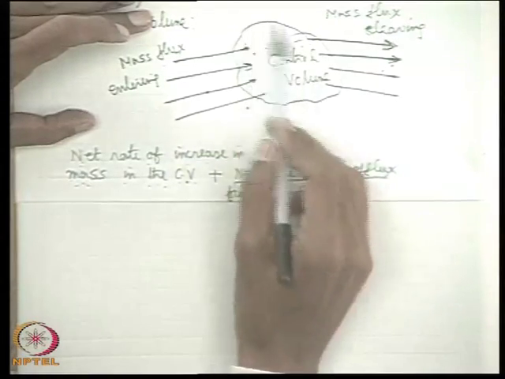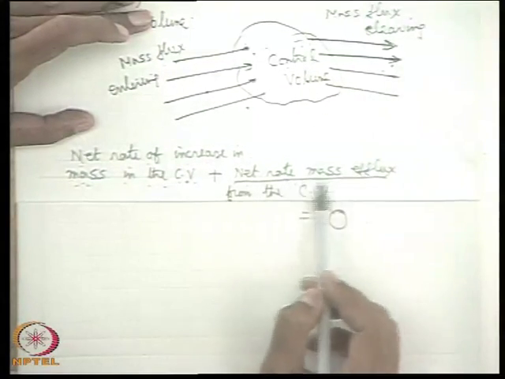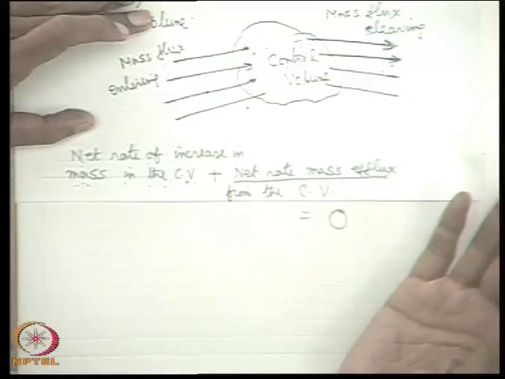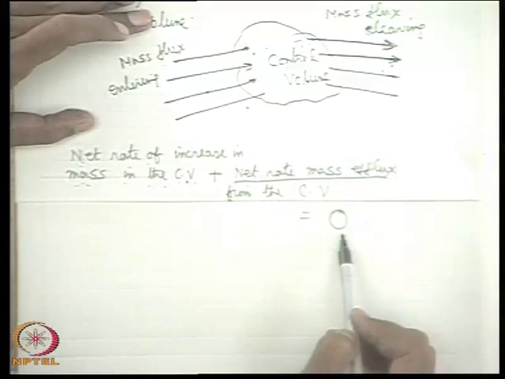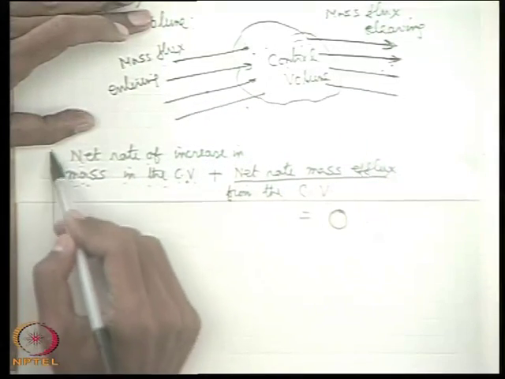When the net rate of increase in mass is 0, that control volume does not increase or decrease its mass by these mass transfer processes, then the net rate of mass efflux from the control volume is 0. That means the rate of mass influx and the rate of mass efflux are balanced.